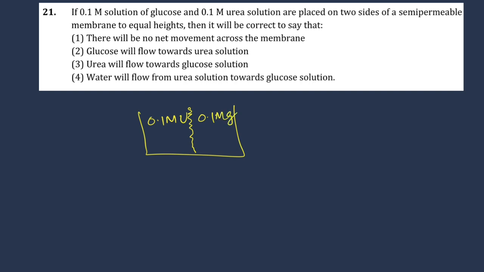Then both are same concentration, therefore there is no net movement of solvent molecule, then that is called isotonic solution. Isotonic mean what is that? That we have to read the options. In this, there will be no net movement across the membrane. So first option only correct is there, therefore first option.